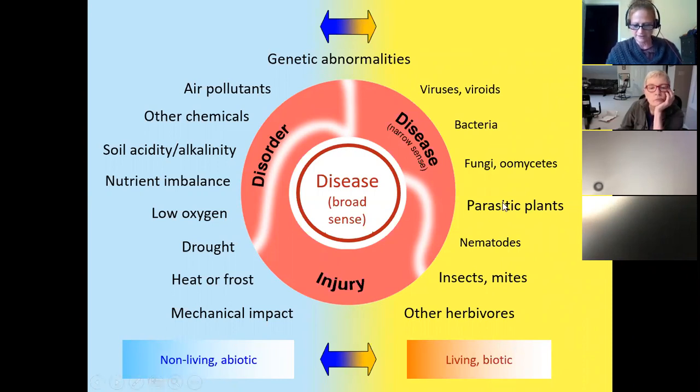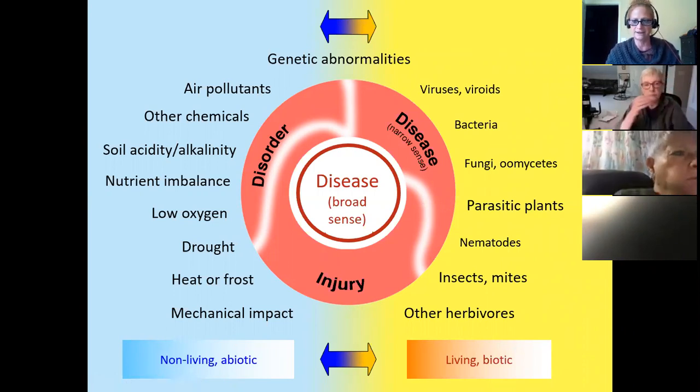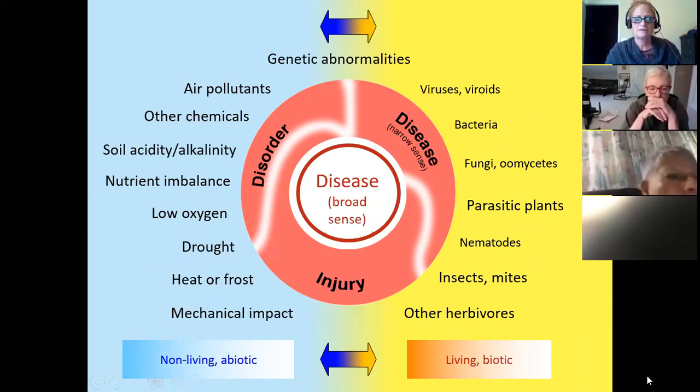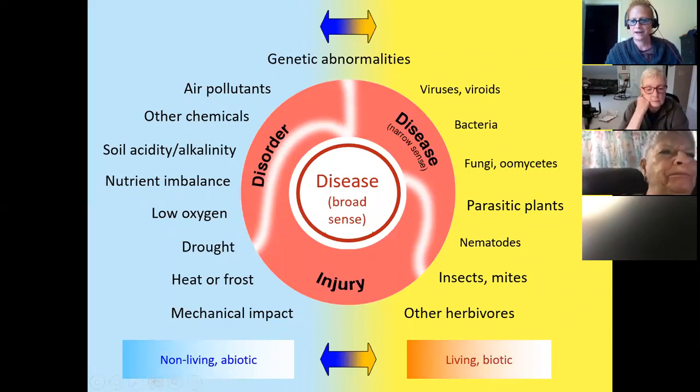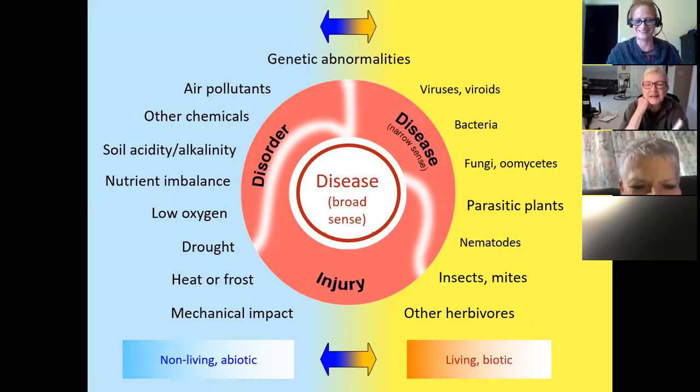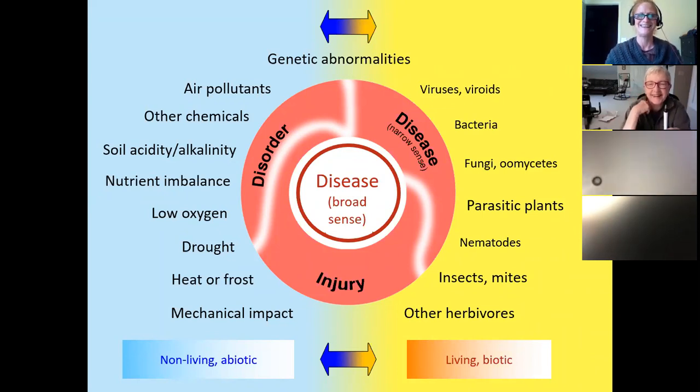Most people think of disease in the narrow sense, which includes damage from organisms like fungi, nematodes, bacteria, virus, insects, and parasitic plants. So if you look at this screen here, you could have genetic abnormalities in your plants.